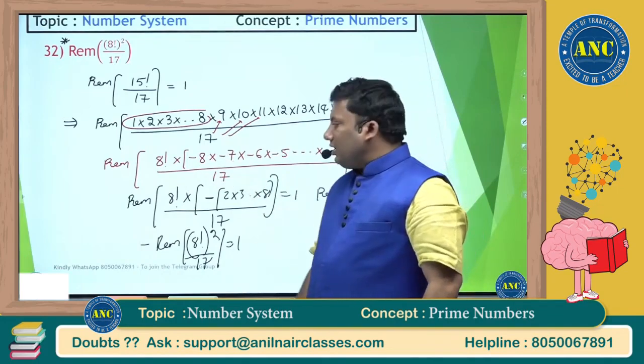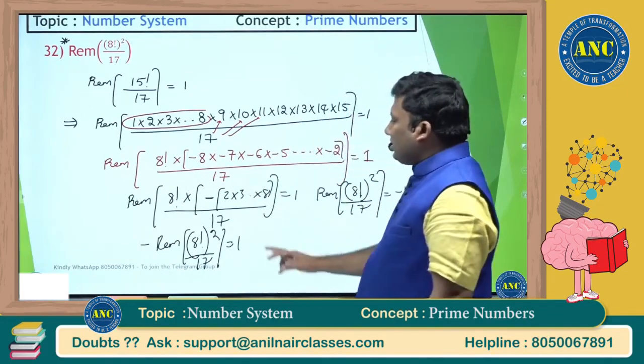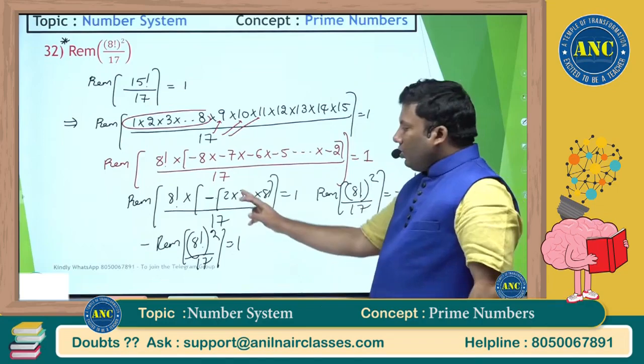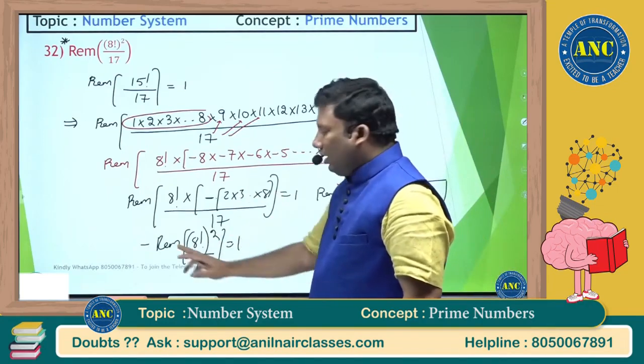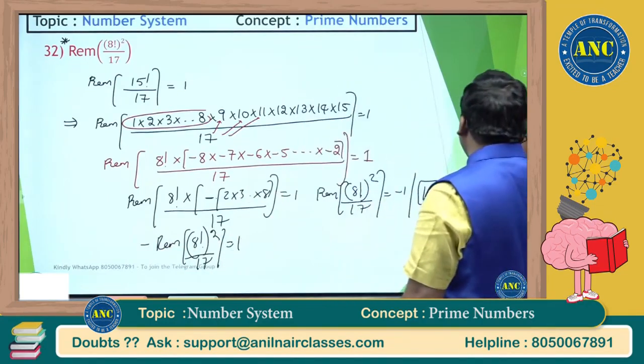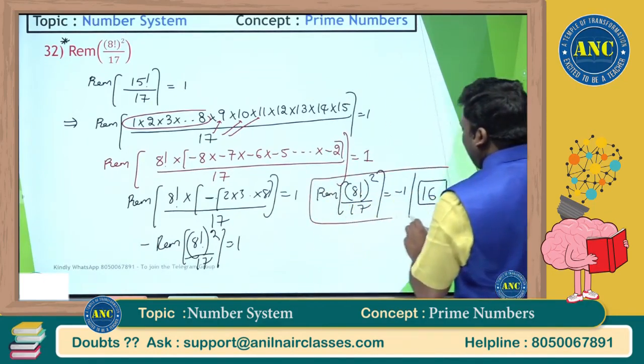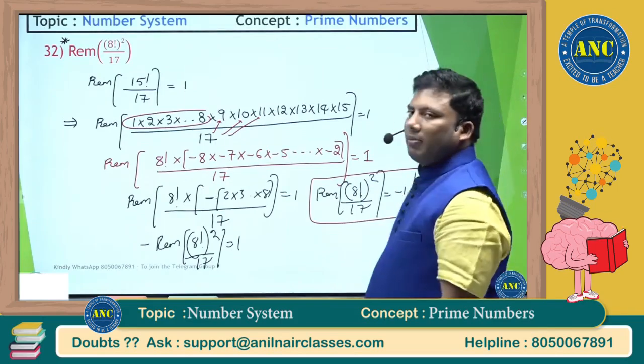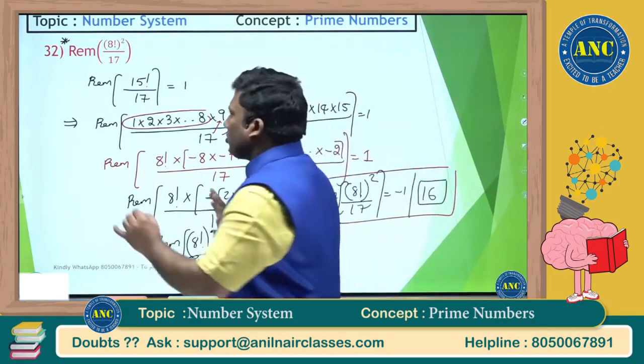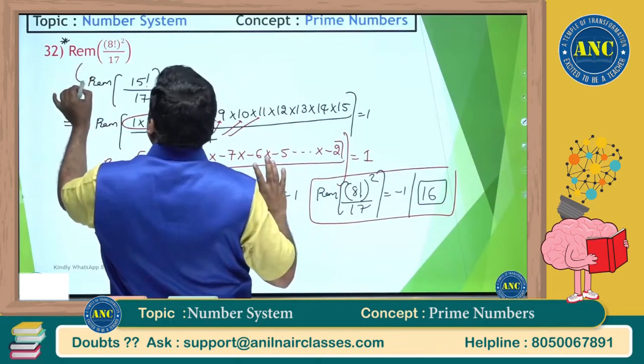From 2 to 8, there are 7 negatives, so minus came. 2 into 8 is 8 factorial. Minus multiply, negative remainder, minus 1. Positive remainder 16. I hope this question is clear. This is derived from this question.